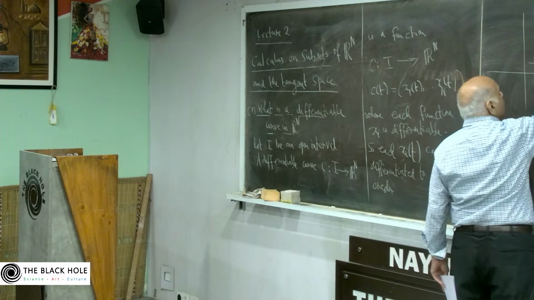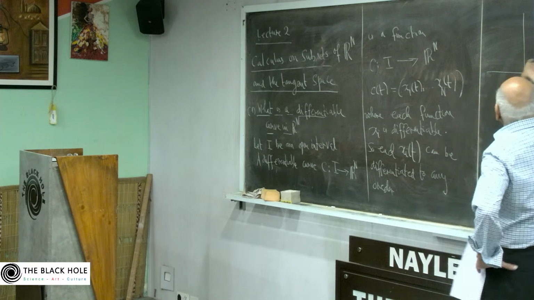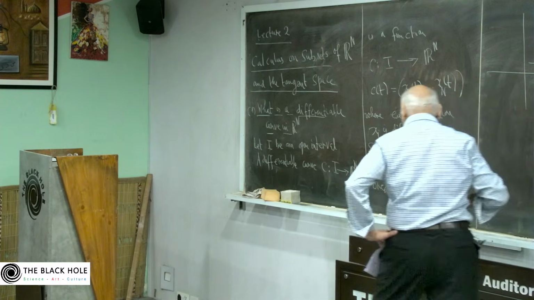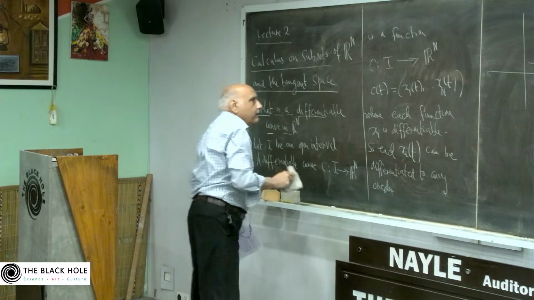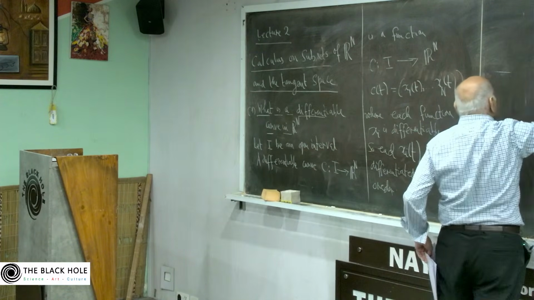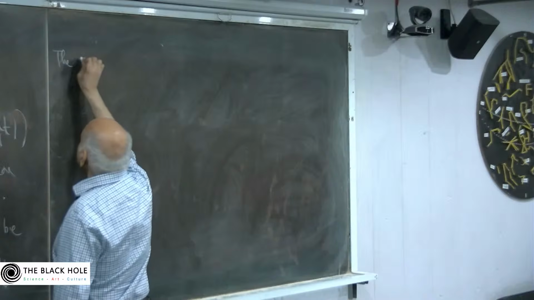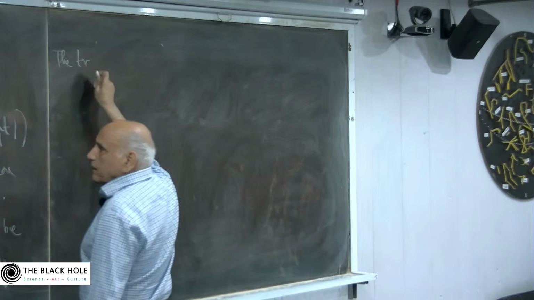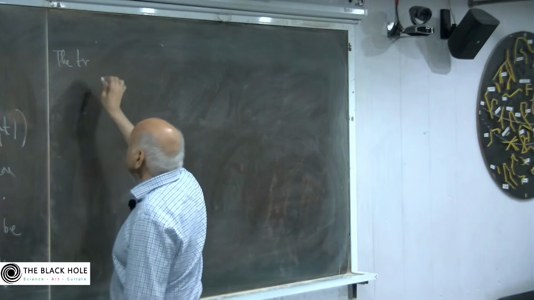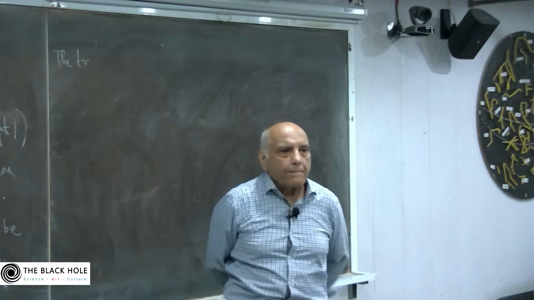So C will be this, the trace of C. If I have a continuous curve and I draw a tangent, my assumption is that I can go on drawing the tangents and nothing deters me.